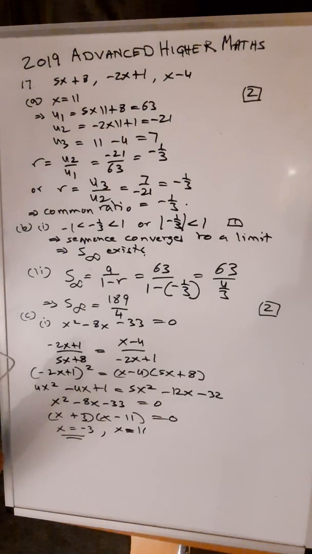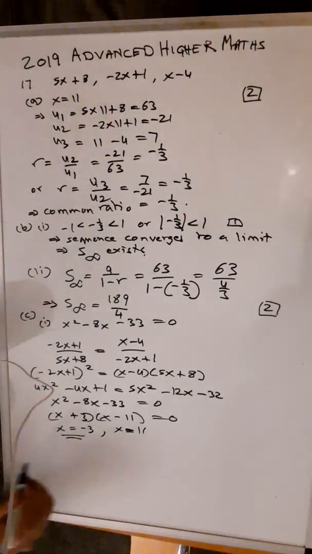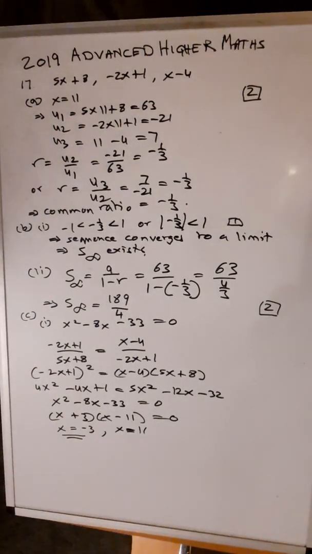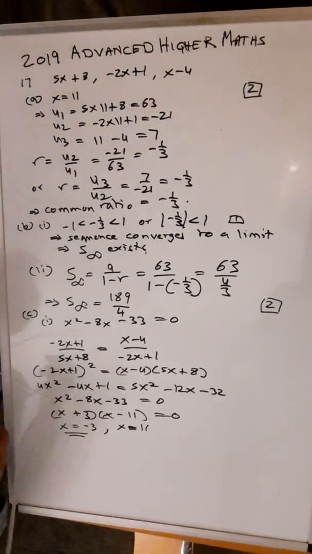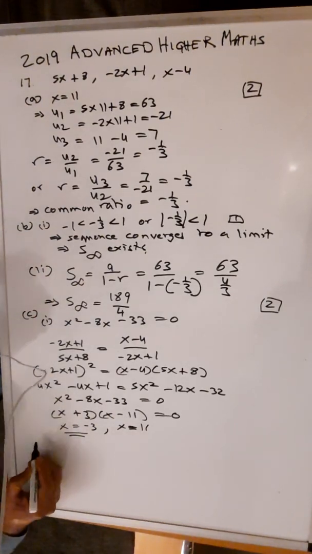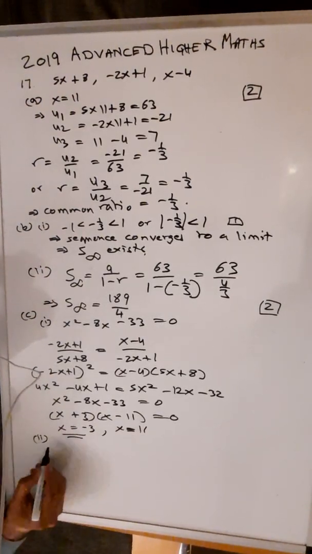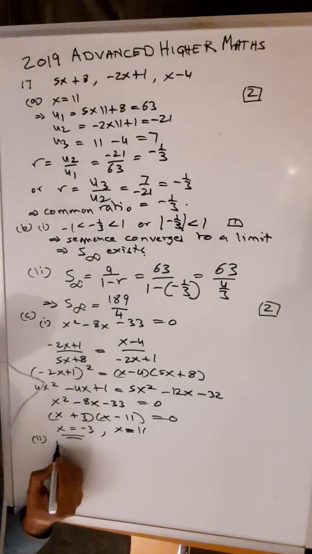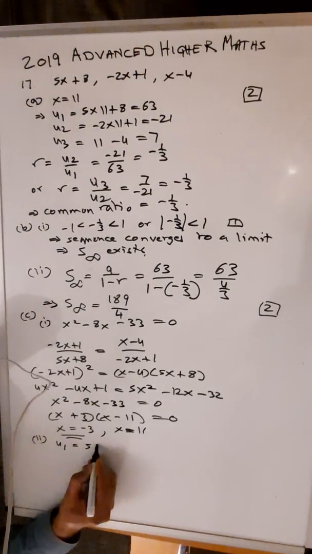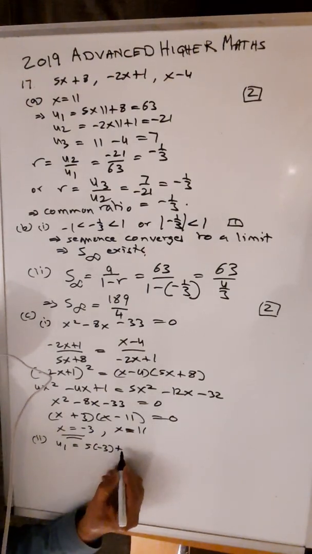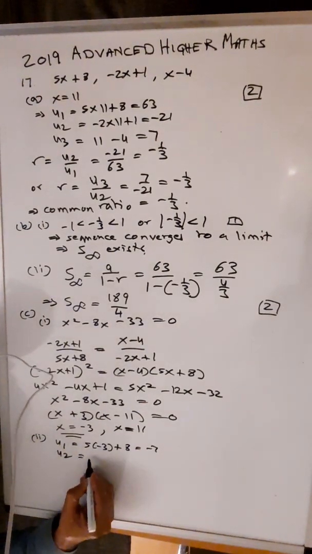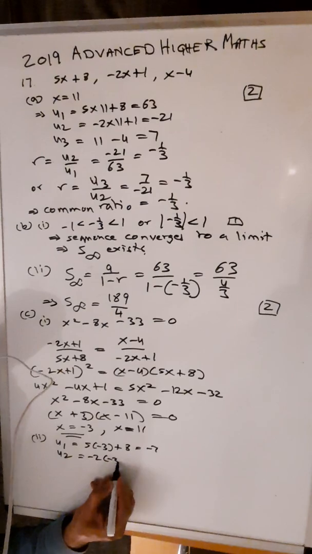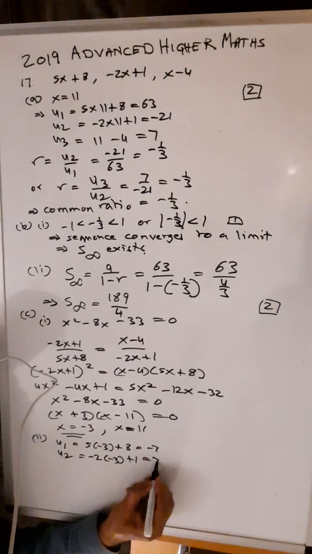Okay, show that, that's that. Find the first three terms. The first three terms are going to use x equals -3. Okay, so that part is C1. x equals -3 means that u1 is 5 times -3 plus 8, which is -7. u2 is -2 times -3 plus 1, which is plus 7.